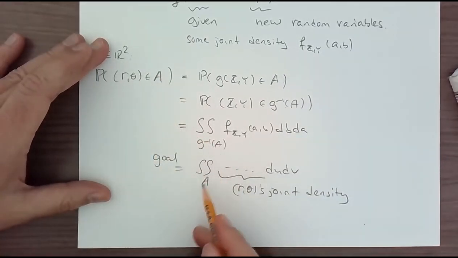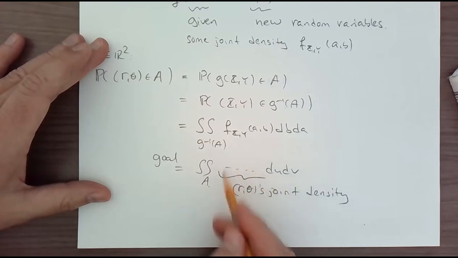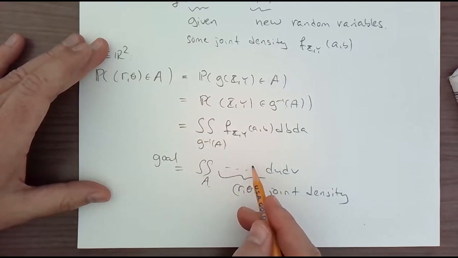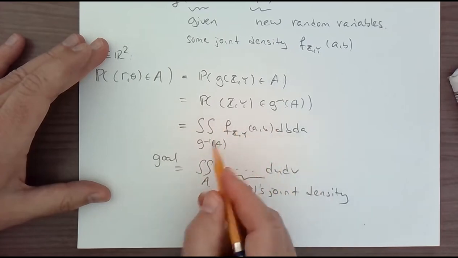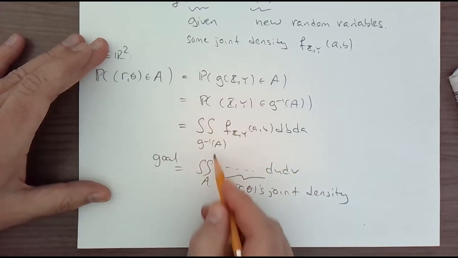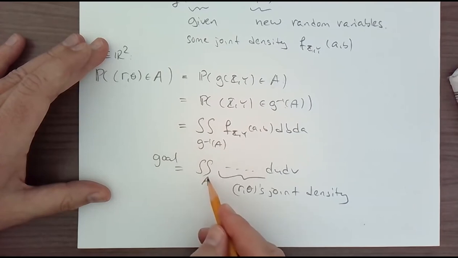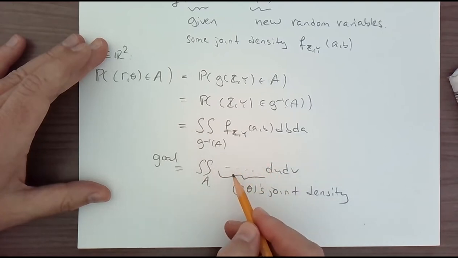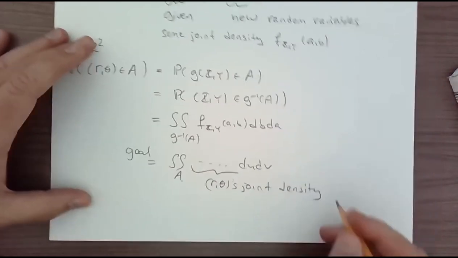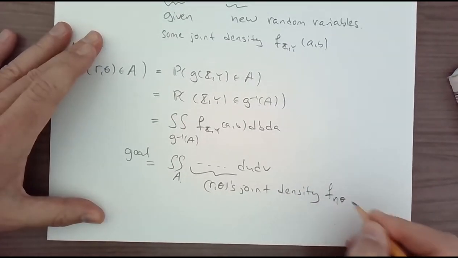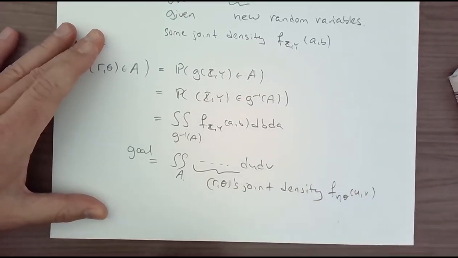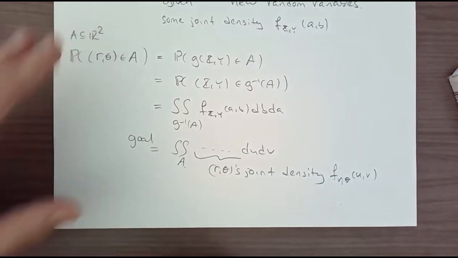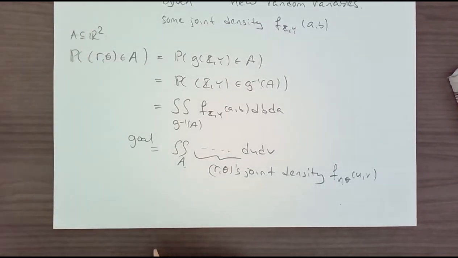That means I have to integrate just over the set A. So what is needed is to get rid of that set. Instead of having g minus 1 of A, I want to have A down here. If I can put A down here, then whatever appears as the integrand is the joint density. Let me call that f of r, theta of u and v. So that's the goal.